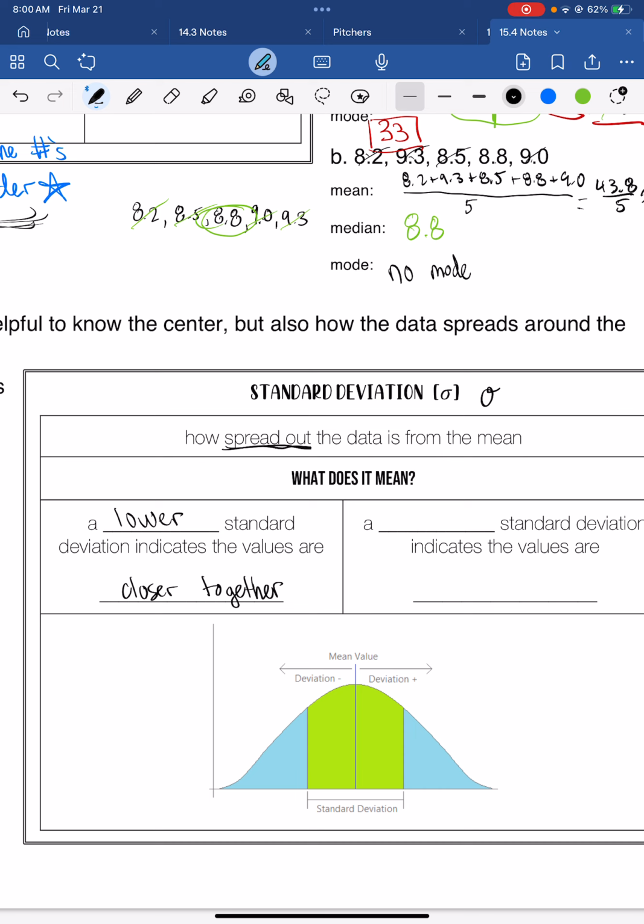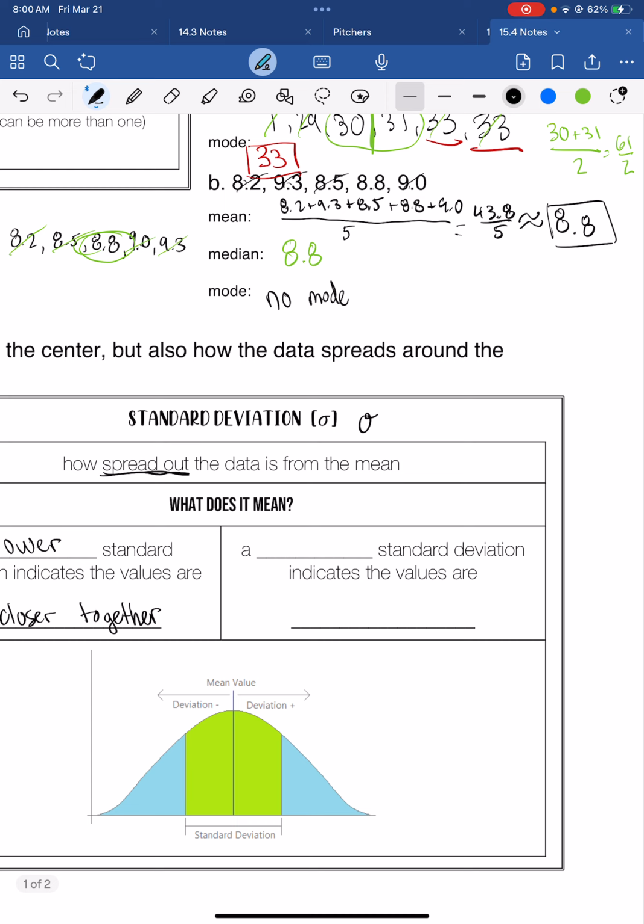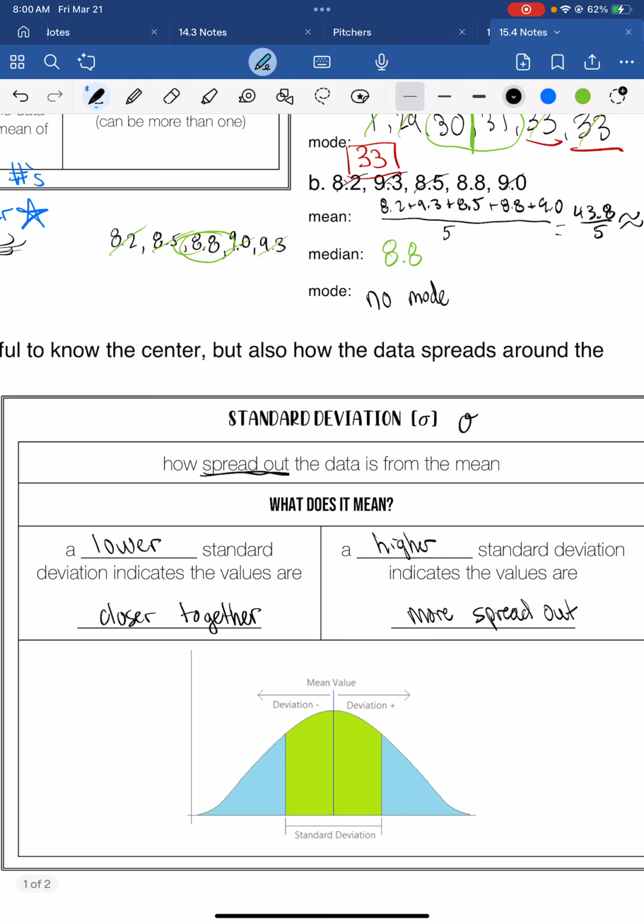They're all kind of closer together. And so using that, we can see that a higher standard deviation would mean that they are more spread out. So lower standard deviation means the data is closer together. Higher standard deviation means that the values are more spread out.